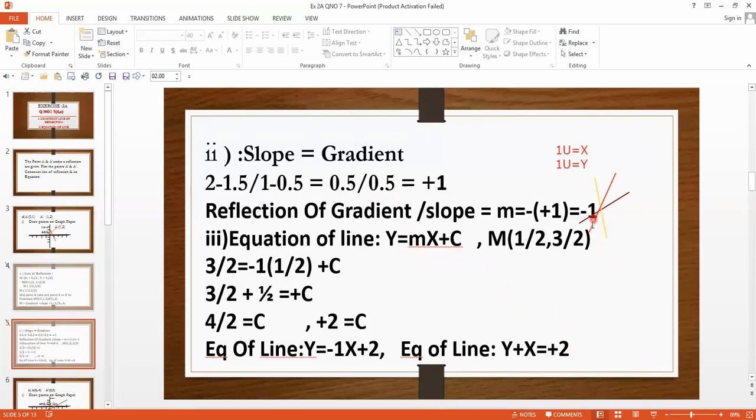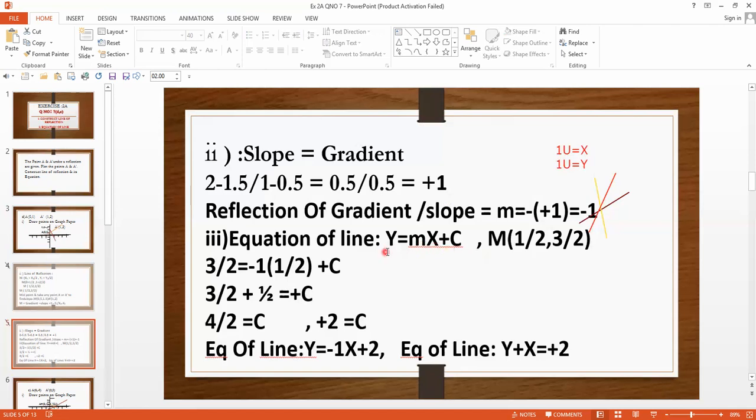So what is m here? -1 is our m, and in this bracket the first value is half, the other value is 3 by 2. As always, the first value represents the value of x, and the second value represents the value of y.